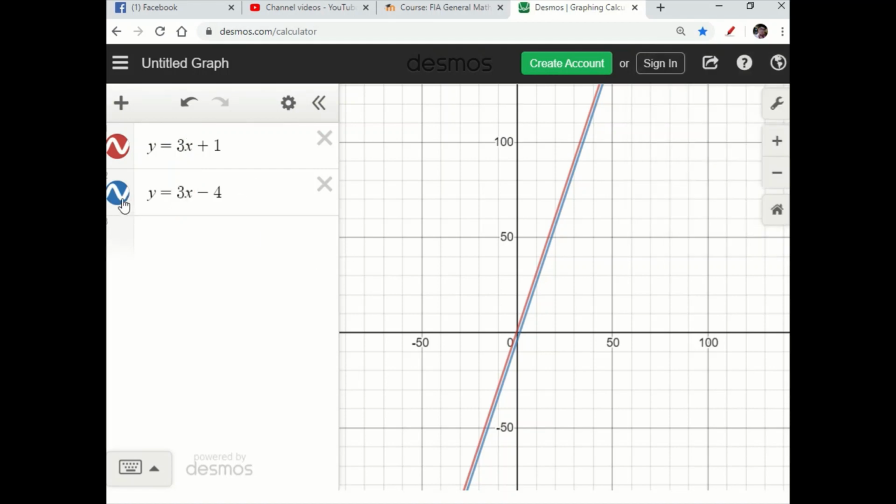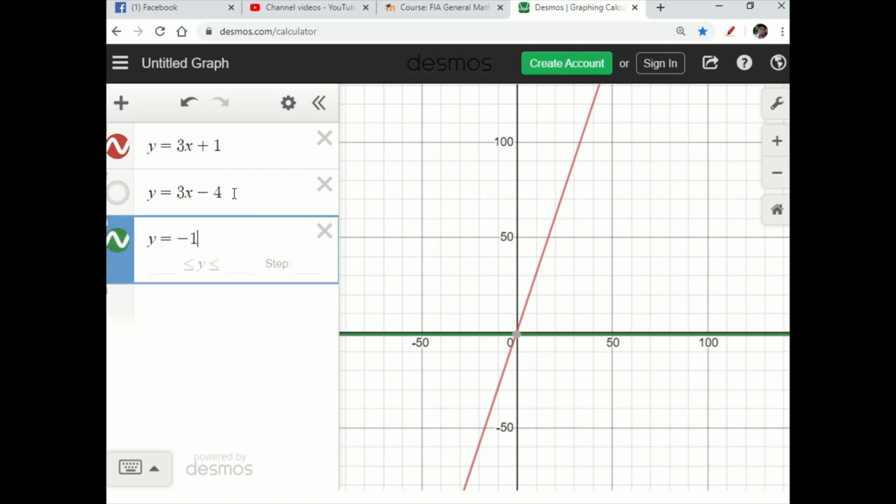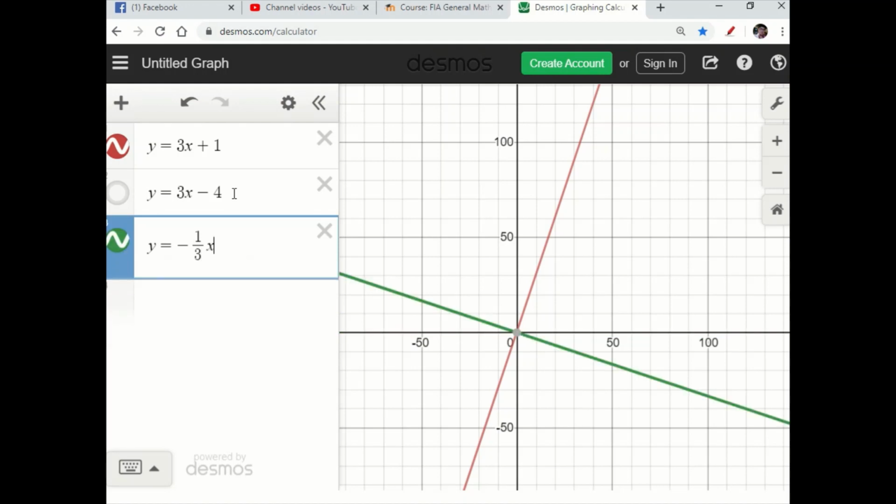Now let's take a look at the other line. Now, if we have -1 over 3 x, maybe -1.